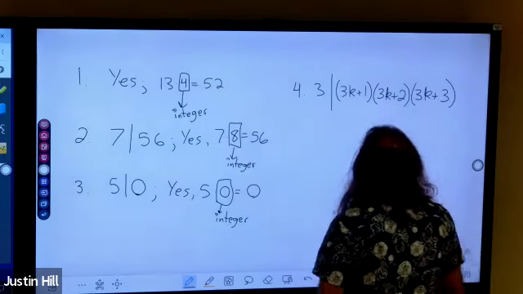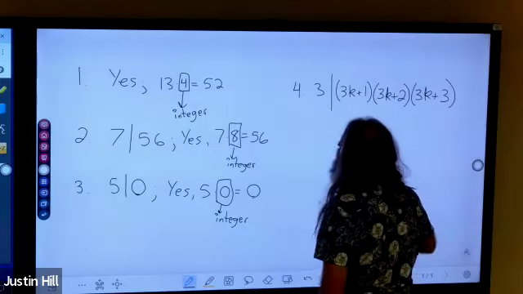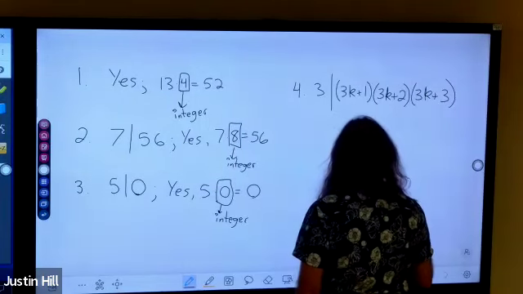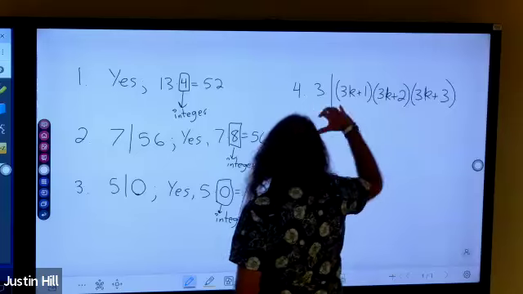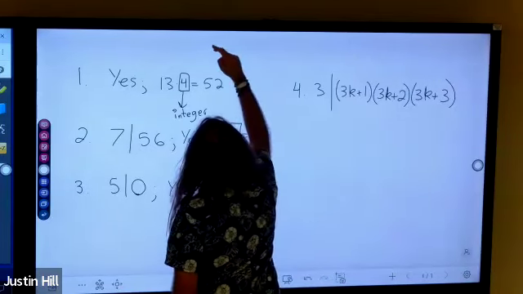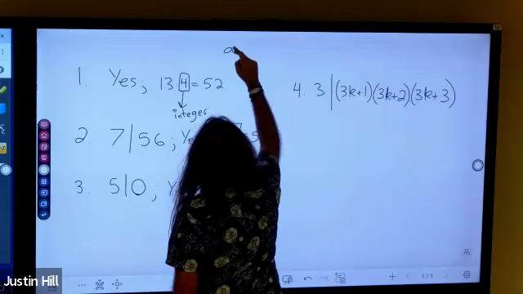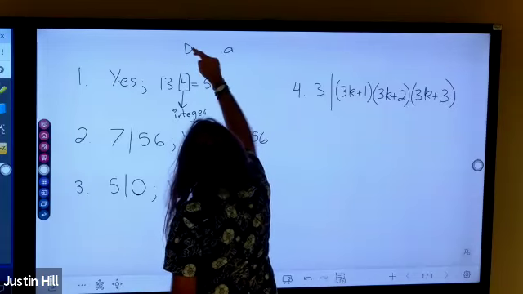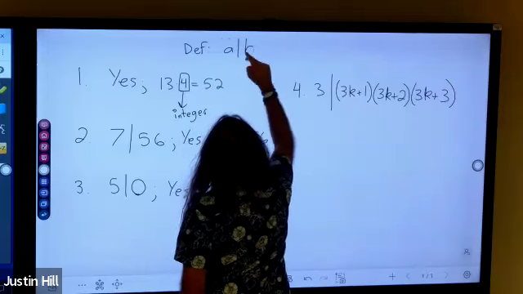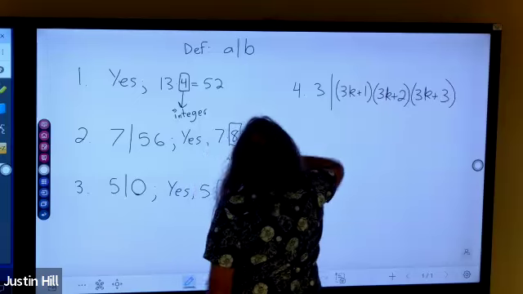Let me try to write that down somewhere. So in general, the definition: we want to say A divides B if and only if A times K equals B, where K is an integer.